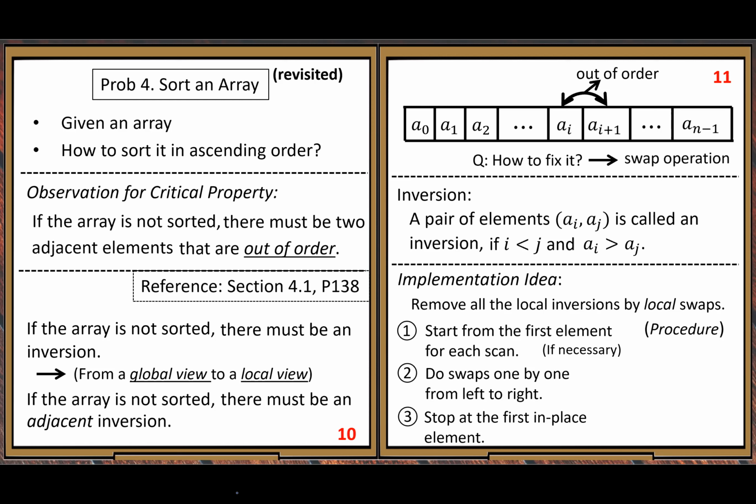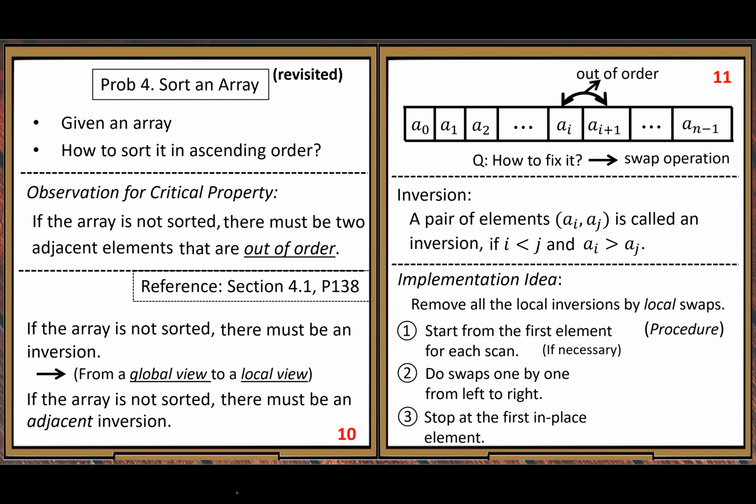Step 3, stop at the first in-place element. When you do this kind of operation, you will see you always put the last element in place. The last element is the largest element in the array.